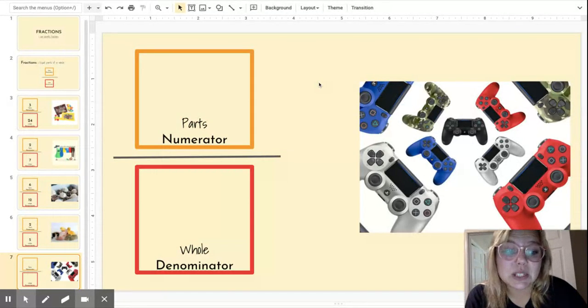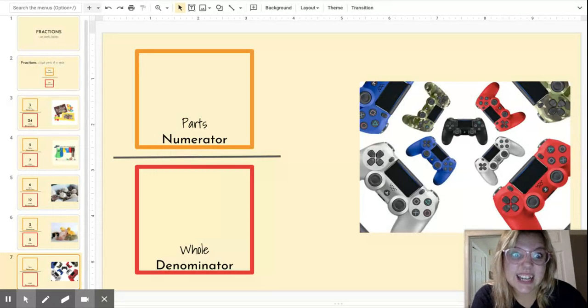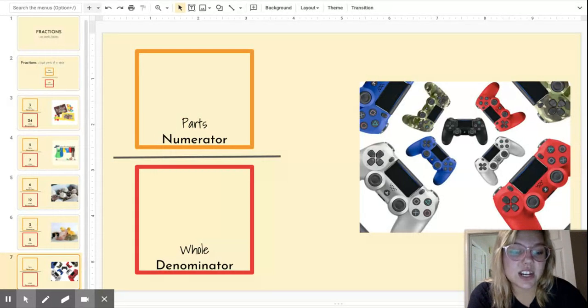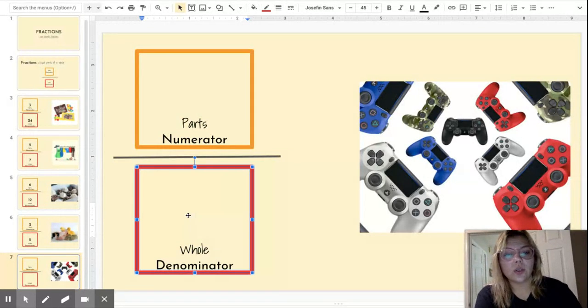Ooh, here's Mr. Price's PS4 controller collection. He has a lot. I'm going to count all of the controllers in the collection to find the denominator. 1, 2, 3, 4, 5, 6, 7, 8, 9. 9 controllers total.